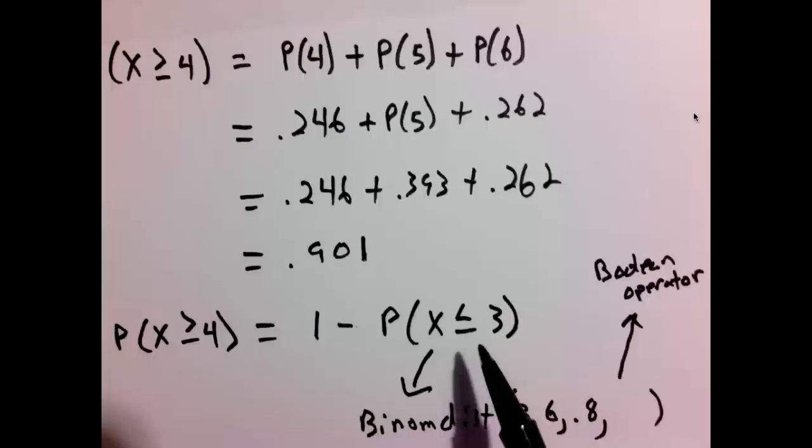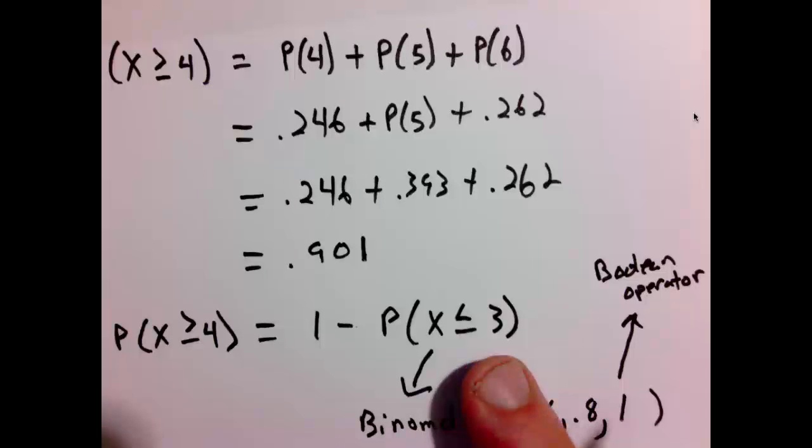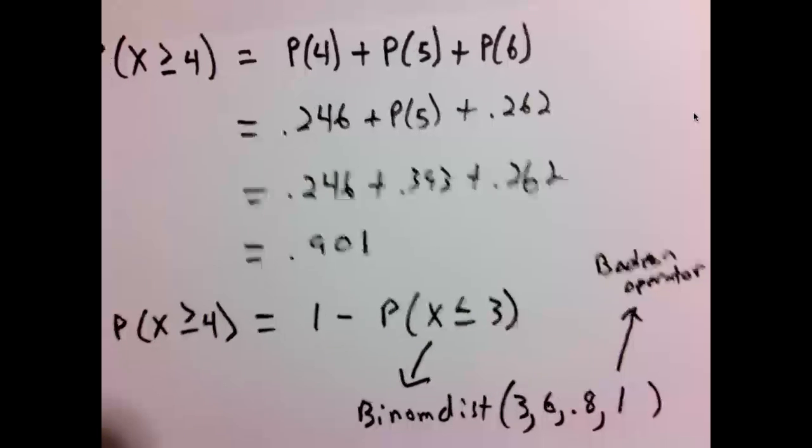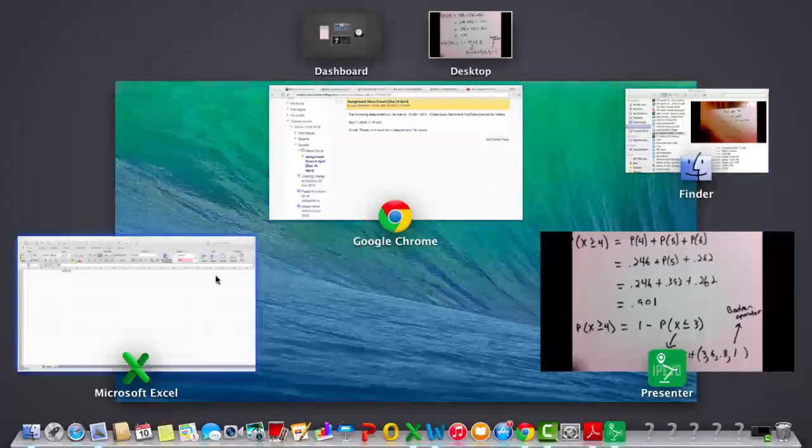Now we want a cumulative. So before we entered a 0 for a single value, now we're entering 1, and it's going to find us 3, 2, 1, and 0. Alright, here we go, back to Excel.